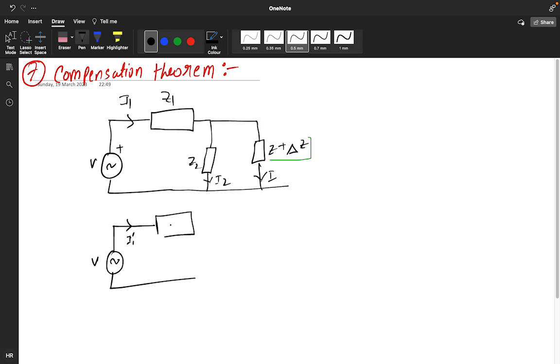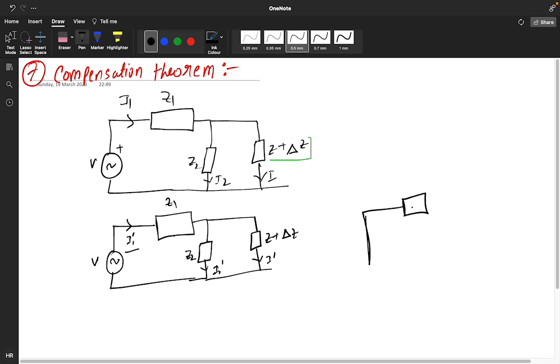This is my Z1, this is my Z2, and this is I2 dash. Here I have Z plus delta Z, and I am getting some I dash current. This is my I2 dash current, this is my I dash current, and here I had assumed some different voltage. At this different voltage I am getting this I1 dash, I2 dash, I dash. What you have to do is treat these particular things as a short circuit.